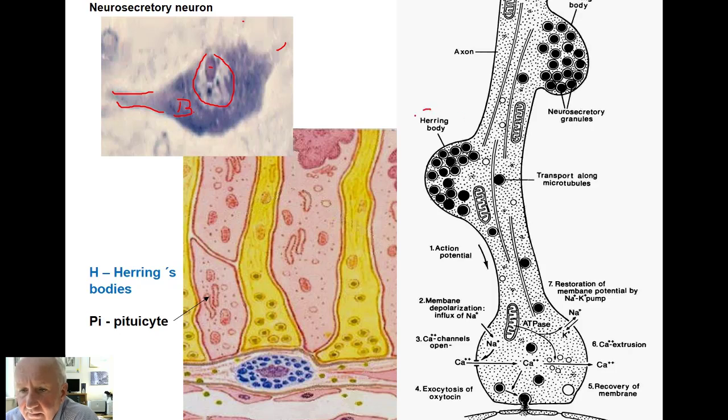As you see, Mr. Herring has described such bodies in the axons, so we call this accumulation of hormones in those bodies Herring's bodies.